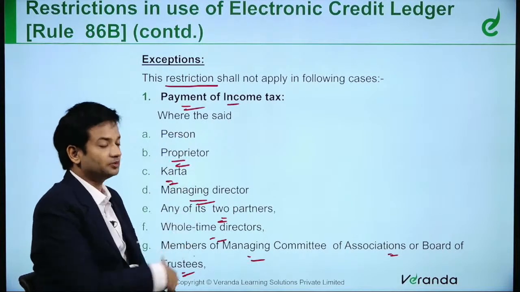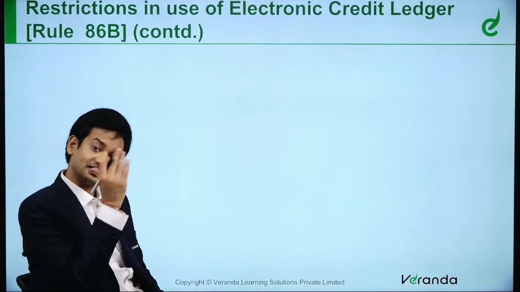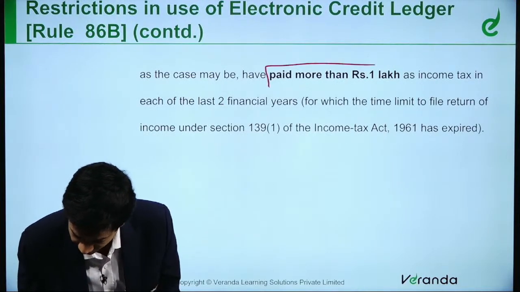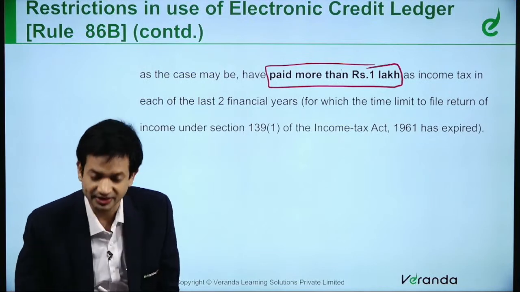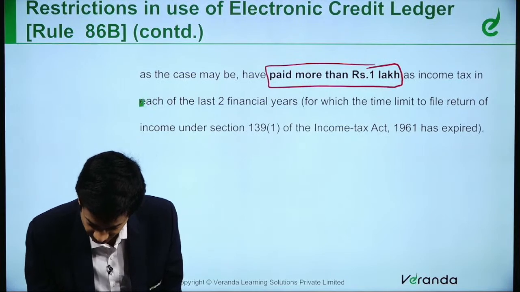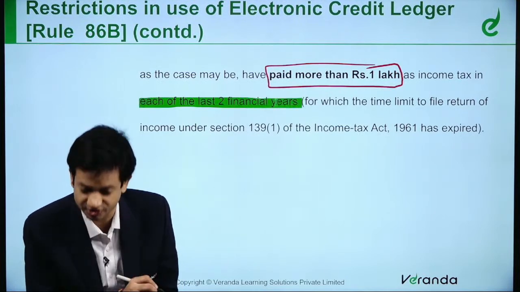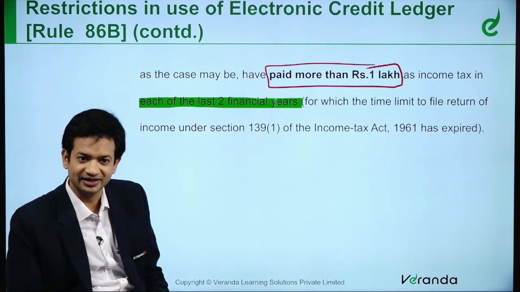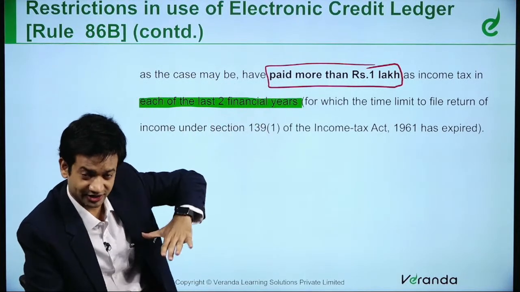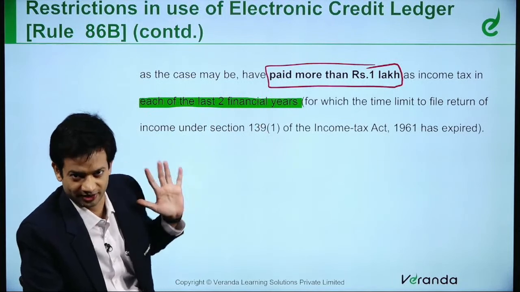Now, if these people have paid income tax of more than 1 lakh rupees in each of the last 2 financial years, in that case this rule will not apply.